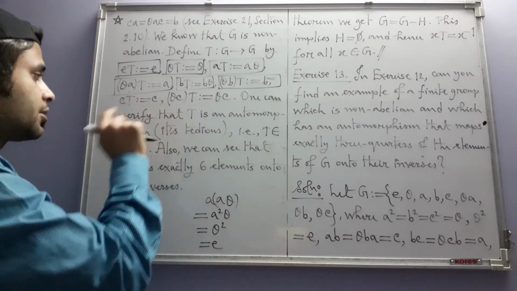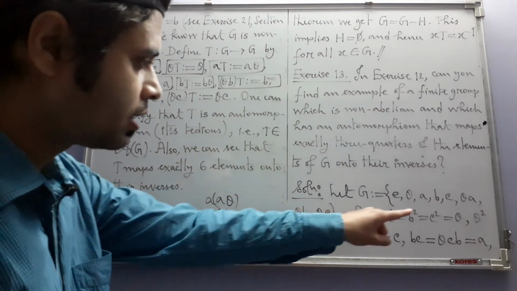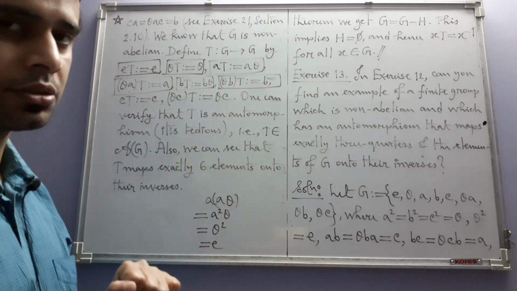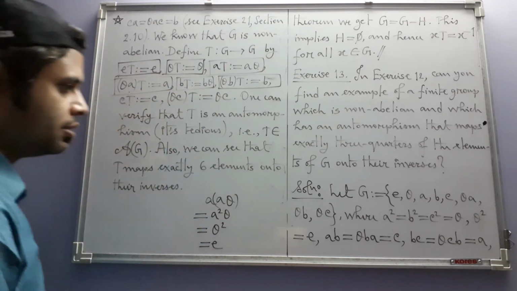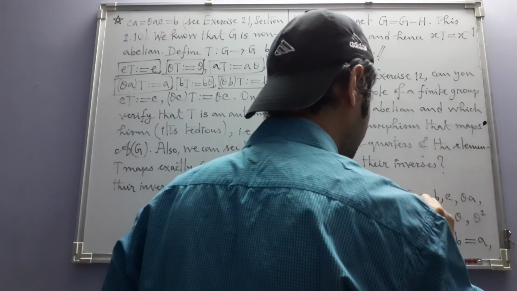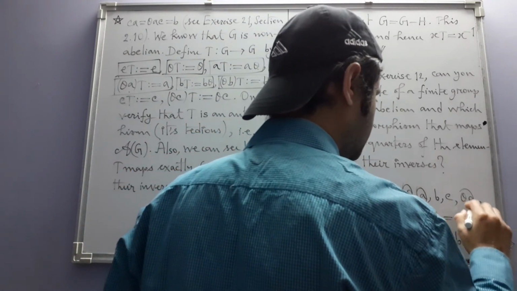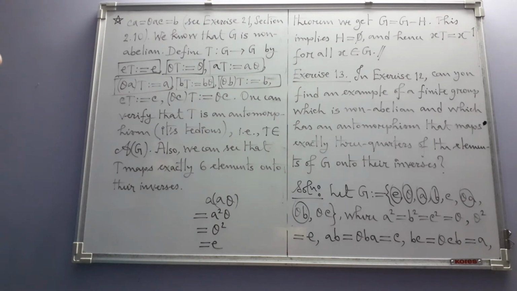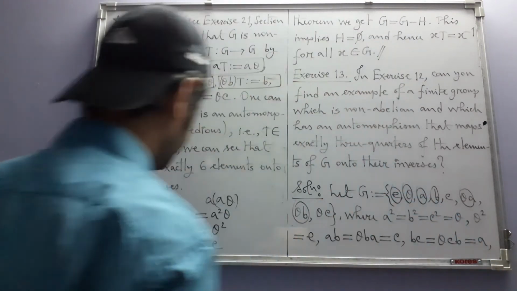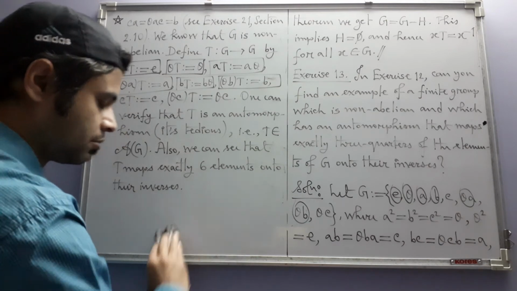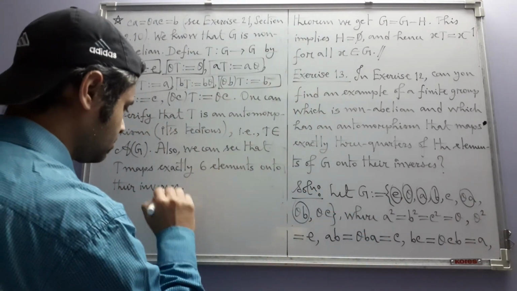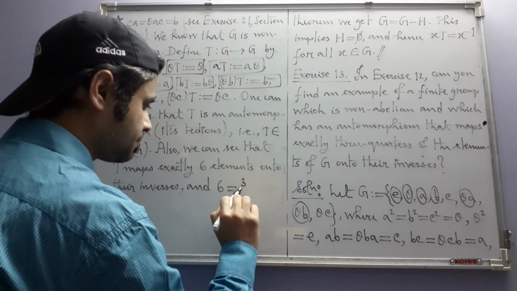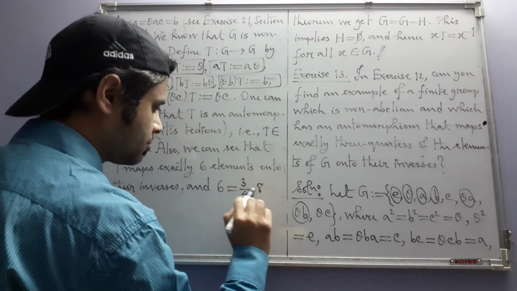But C is not the inverse of C, because C square is theta and theta is not equal to E. Like that, theta C is not the inverse of theta C. So exactly these elements are mapped onto their inverses: theta, A, B, theta B. Exactly 6 of them, and six is 3/4 of 8.